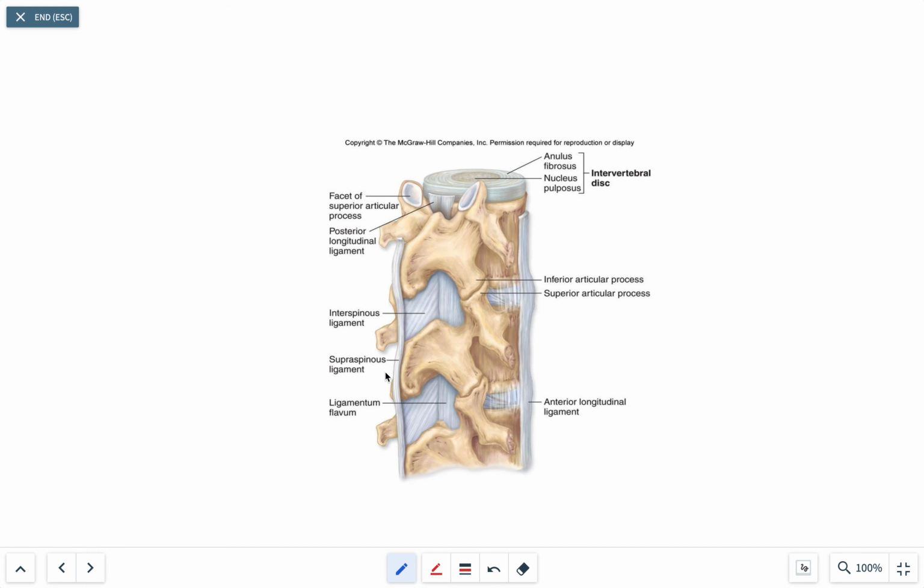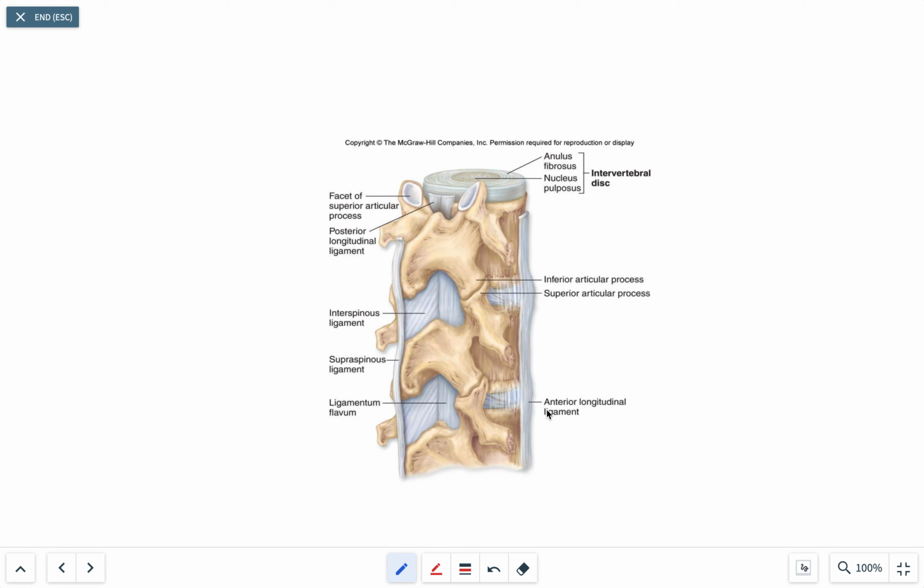So the next one we're looking at is the intervertebral articulation. And with the intervertebral articulation, we are going to lose some mobility, for protection of the spinal cord. So the spinal cord is actually going to run between the anterior and posterior longitudinal ligament.